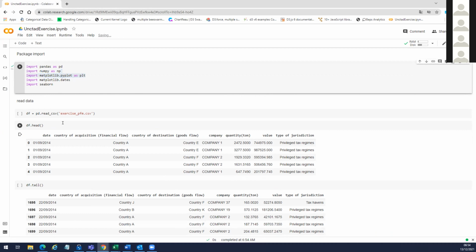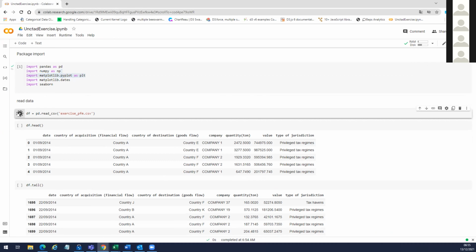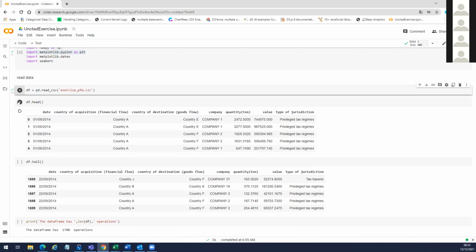Then I will load the data into the script. The data will be imported from the file that we uploaded now, and loaded into Python to manipulate. Here, I call it df. Okay, Python loaded the exercise PFM CSV, and then we can inspect it.